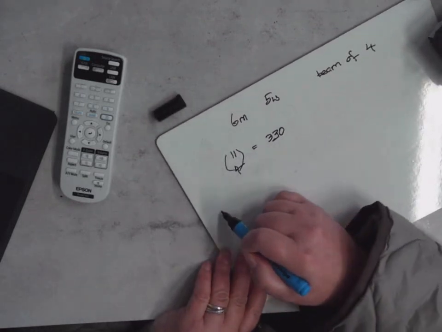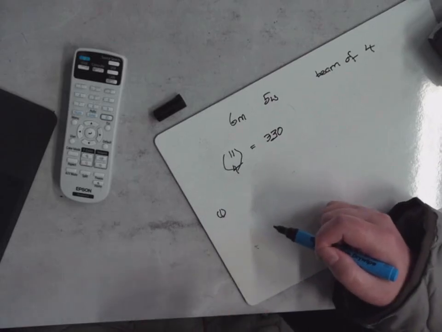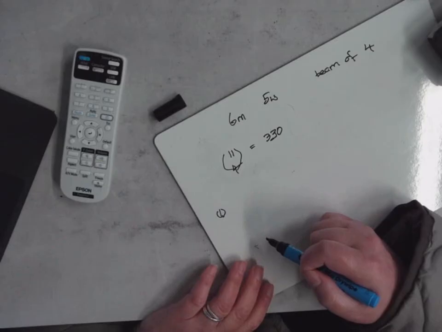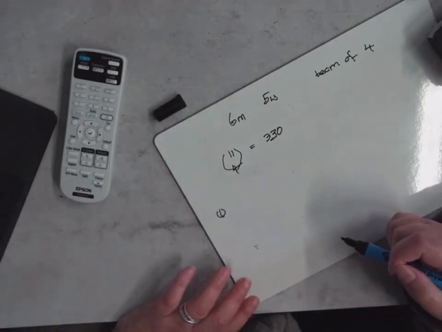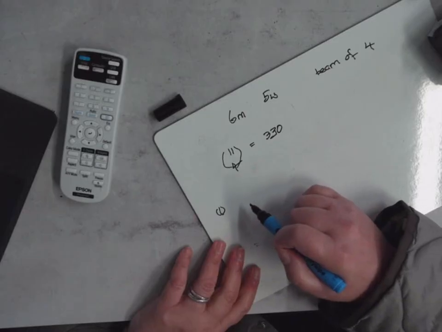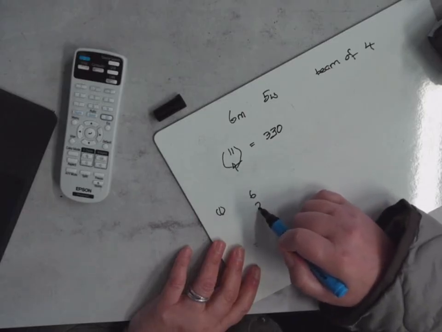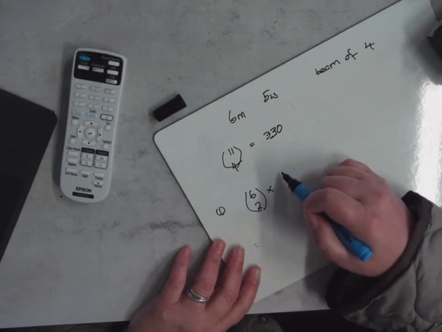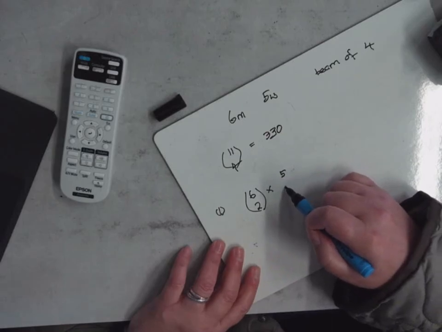Now, the next bit is find the probability. The team will consist of 2 men and 2 women. So we have to find how many of those 330 teams have 2 men and 2 women. Out of the 6 men, I'm choosing 2, and means I multiply. Out of the 5 women, I'm choosing 2 again.